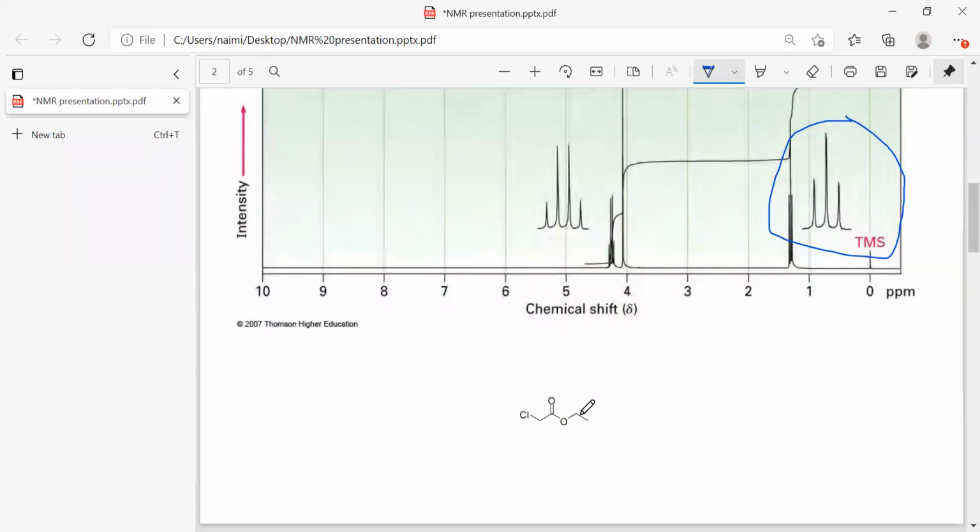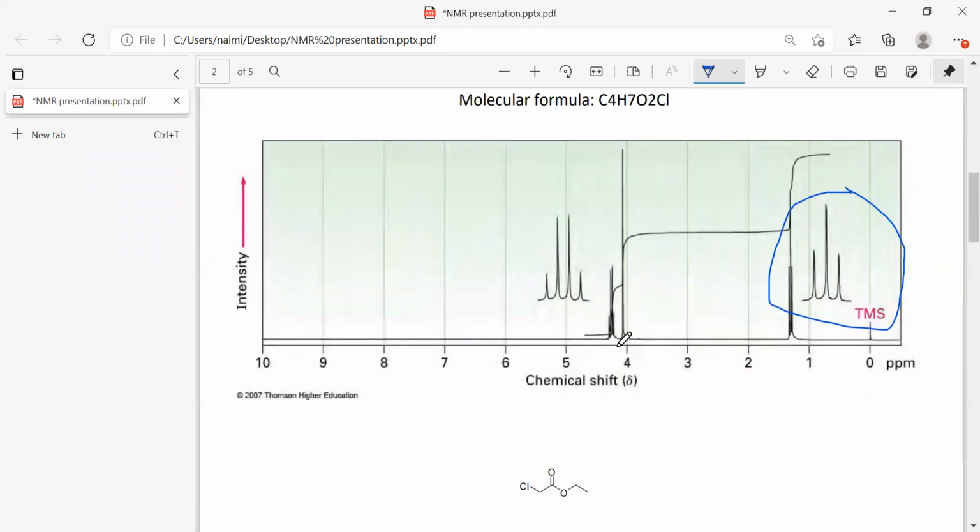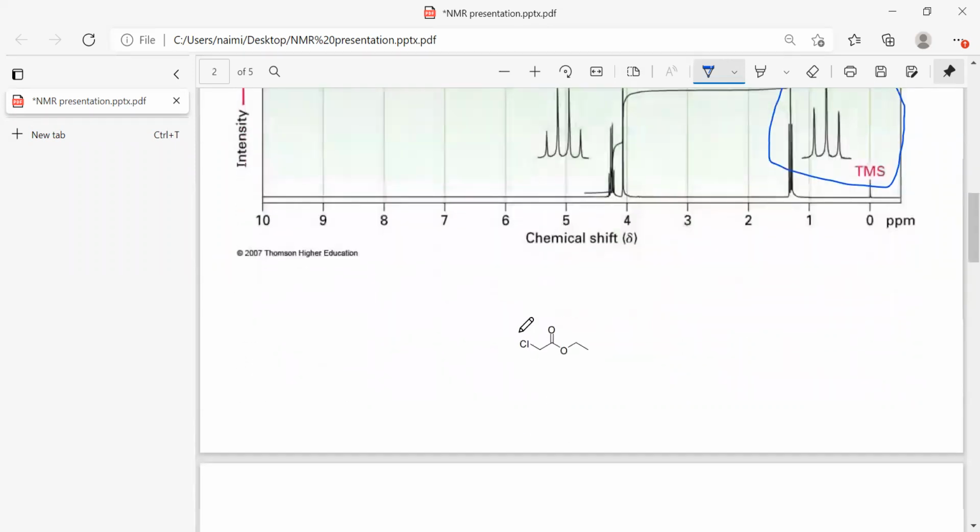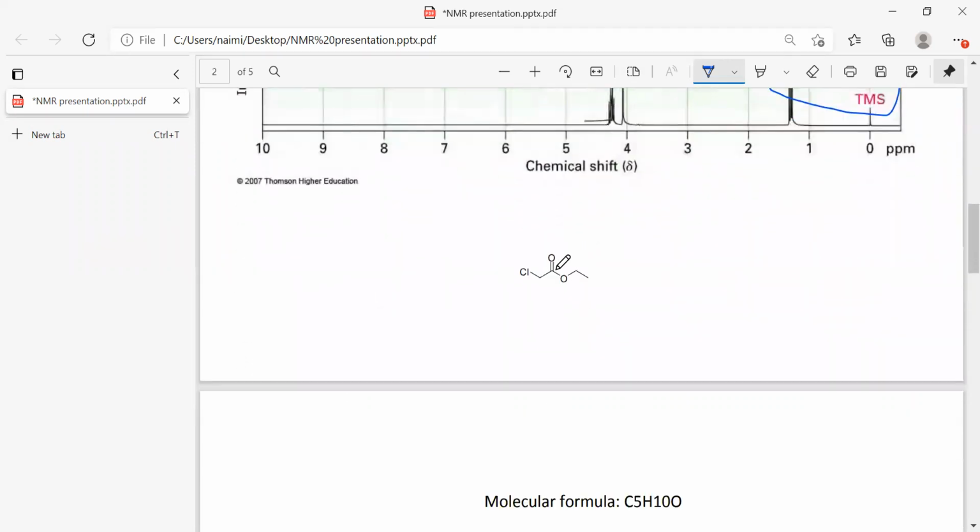So I have mentioned the CH2. Since the splitting pattern is a quartet, and the peak is shifted downfield, this CH2 will be present near the oxygen atom. So I have mentioned that near the oxygen, CH2 is present and CH3 is present.